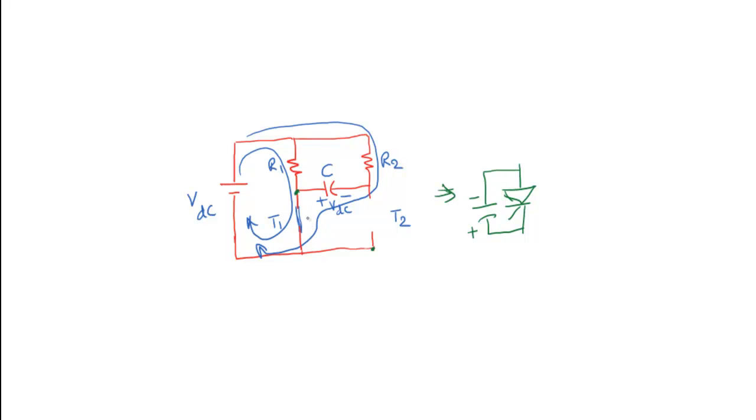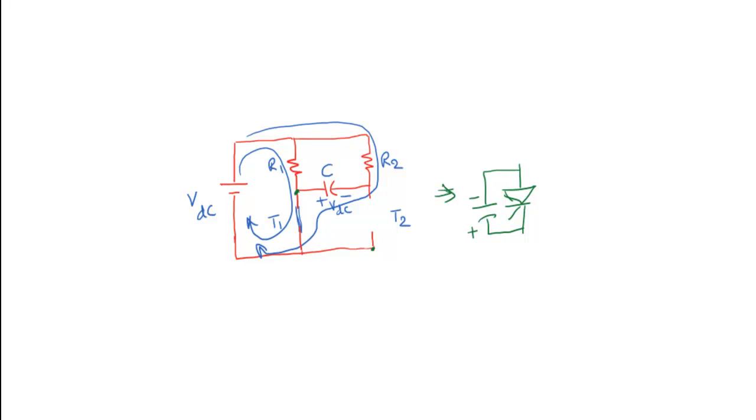That means the other thyristor has to be turned on to turn off the conducting thyristor. That is why it is called complementary pulse commutation.